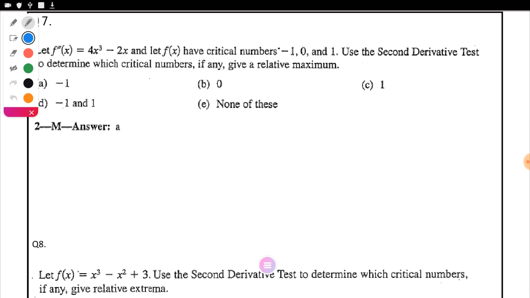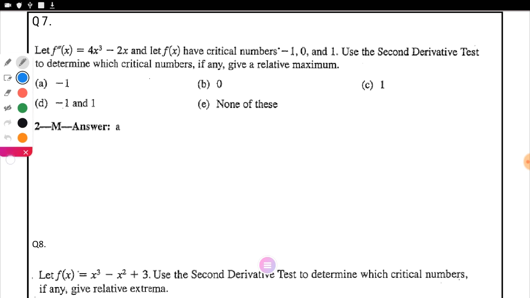Okay, I'll show you how to use the second derivative test to determine which critical number represents a relative maximum or relative minimum. Look here in our problem, question 7.